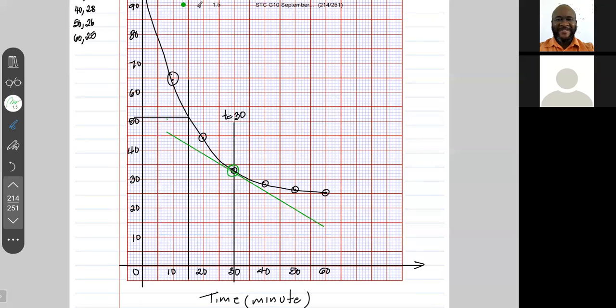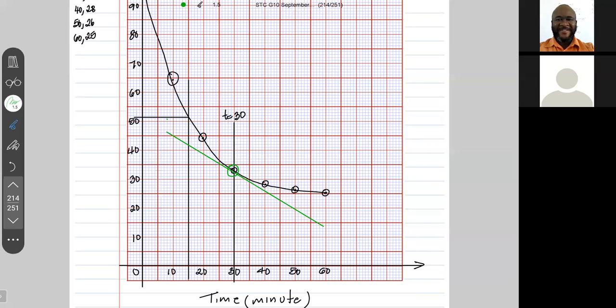Now what you have to do is maneuver your ruler until you get an approximate line like this. Don't draw it until you are 100% sure that, yeah, this looks like roughly it.